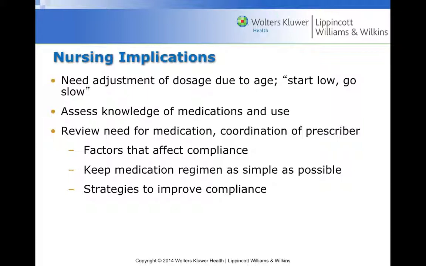Of course, your nursing implications, you need to adjust the dose, and this is in reference to medications. Start low and go slow is a term that we use. Make sure you know the medications, like I said before. Make sure you're assessing these patients in regards to their home remedies and over-the-counter medications because they may be potentially mixing and harmful with their prescription medications.